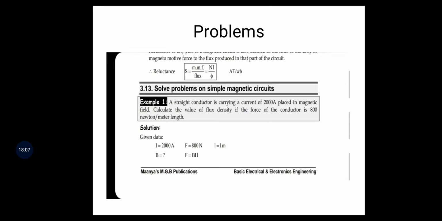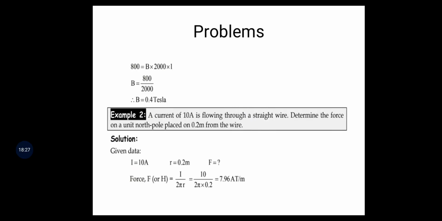Here we want to find B, the flux density. Our formula is F equal to BIL. F is 800, equal to B into I, which is 2000, into L, which is 1 meter.